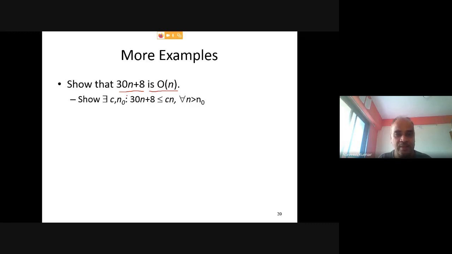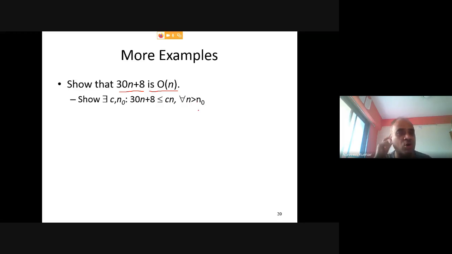In this example, we are starting with the constants. We want to show that there exist two constants c and n0 such that 30n plus 8 is less than or equal to c times g(n). g(n) here is n. Since big O notation gives a tight upper bound, it is less than or equal to cn for all n greater than or equal to n0.